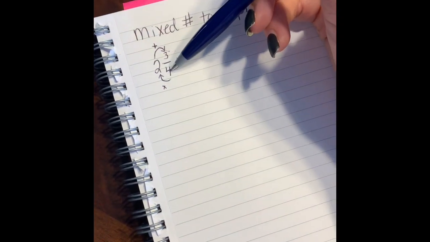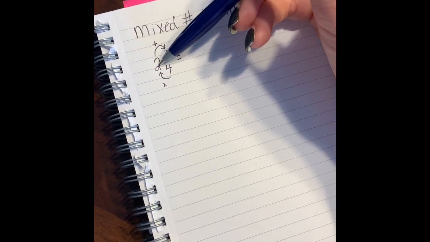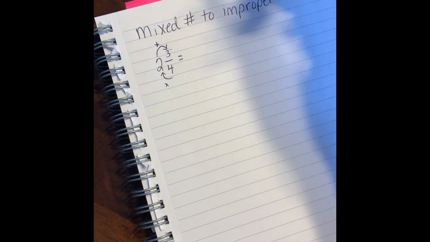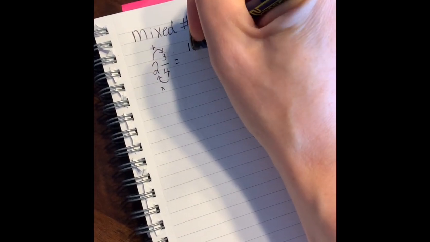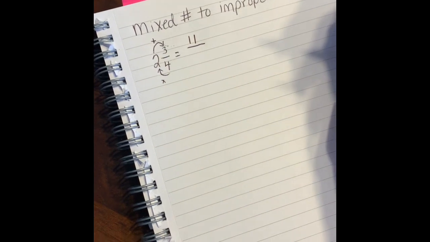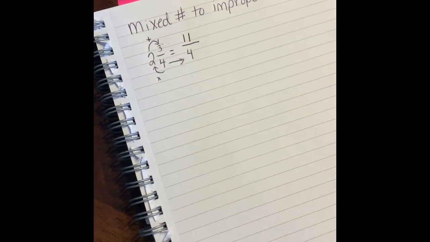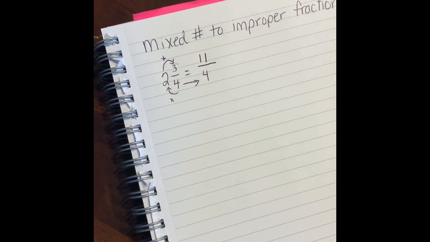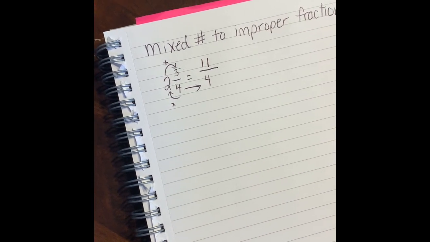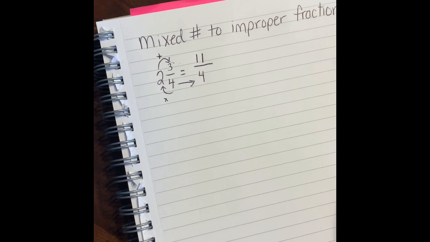So here we add 4 times 2 equals 8, plus 3, which equals 11. That becomes my new numerator, and I keep my same denominator of 4. So 2 3/4 is the same as saying 11 out of 4.